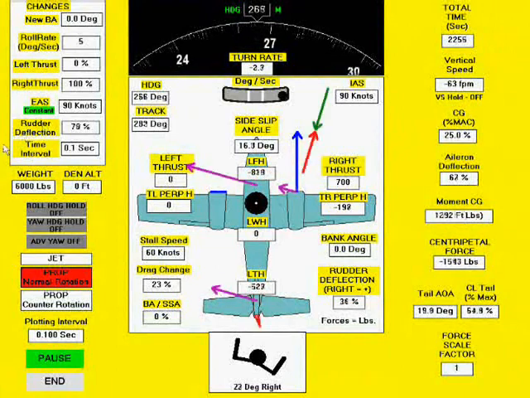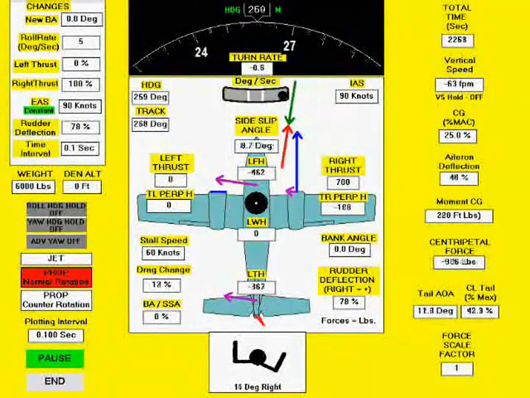Maintaining the wings level, we now apply right rudder pressure to stop the turn.